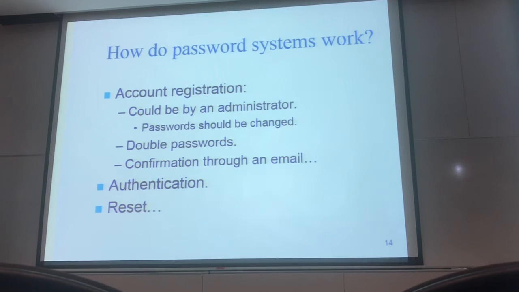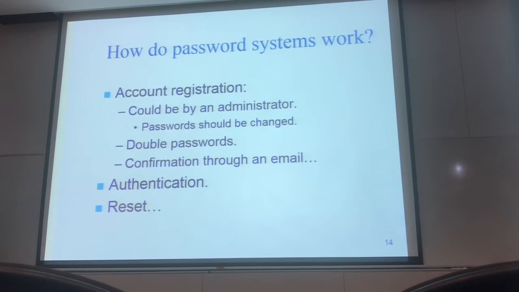So this is how usually a password system works. You need to register an account, and you need to provide a password. The system sometimes will give you some specific rules, so you need to have a capital letter, lowercase letter, special symbols, numbers, and so on. Right? Then after you register the account, you can log into the account.